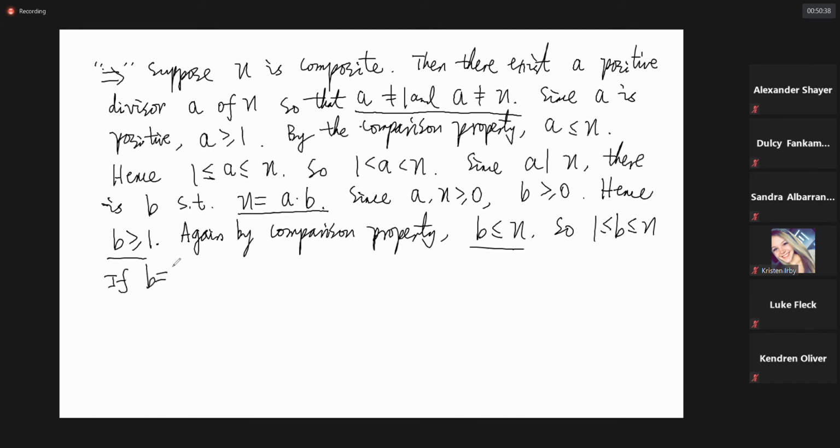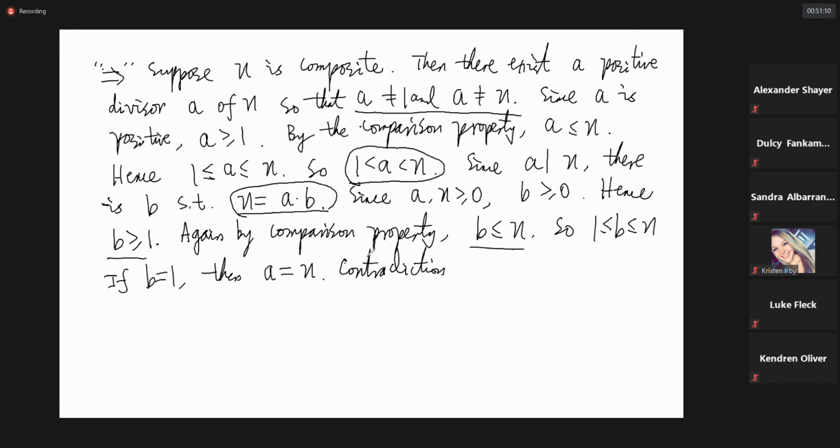So if b is equal to 1, then by this condition, n is equal to a times b, then a would be equal to n. But this is a contradiction, because we already showed that a is strictly between 1 and n.